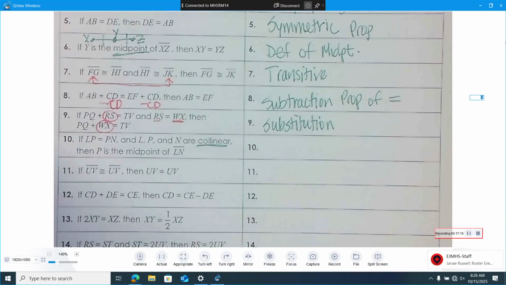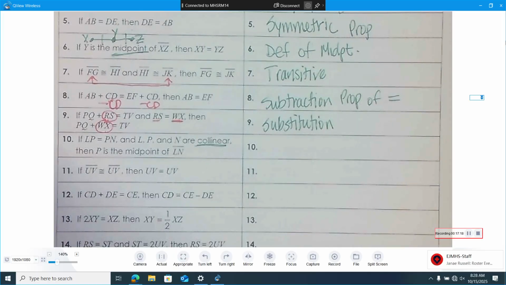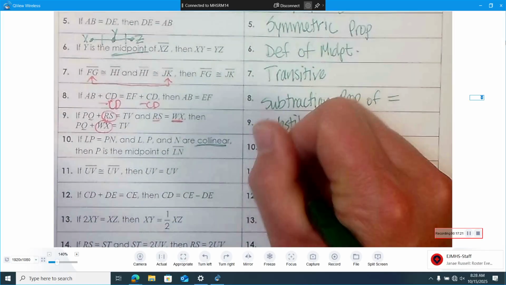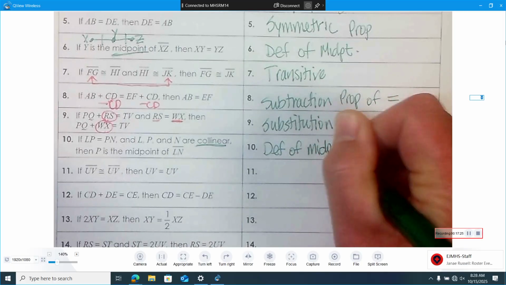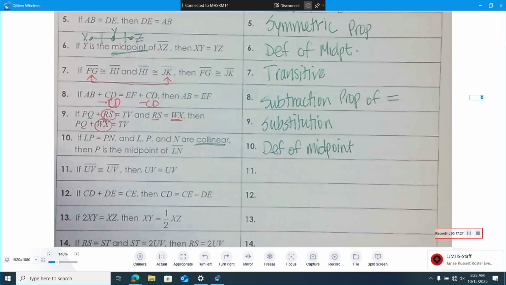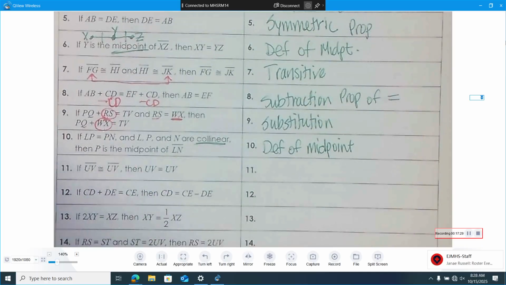On both sides, we got two equal things. Definition of midpoint. Yeah, it is the definition of midpoint. It goes both directions. So this is satisfying all the conditions of being collinear and equal lengths. So we must have a midpoint.